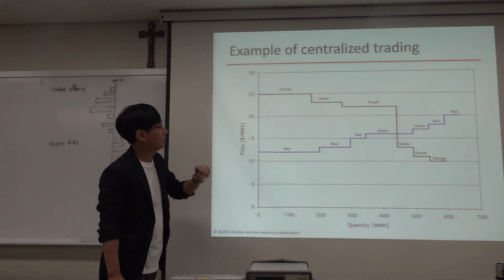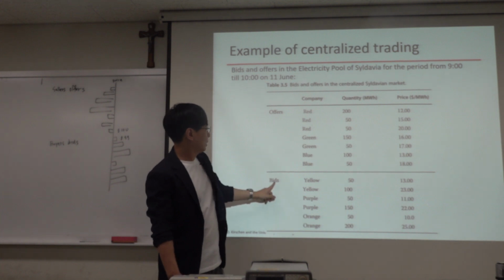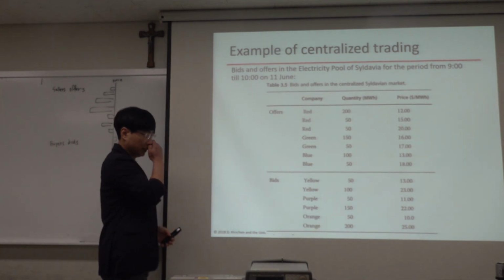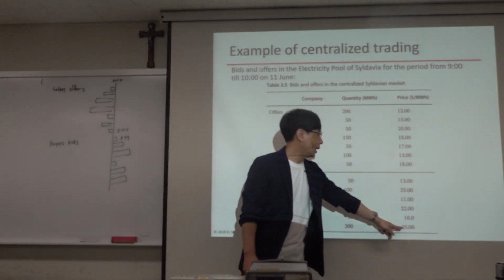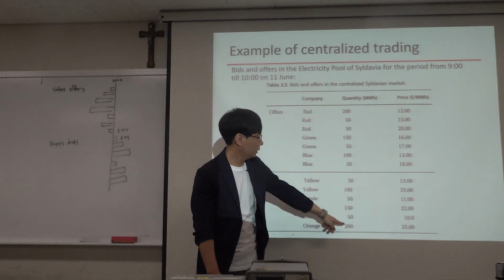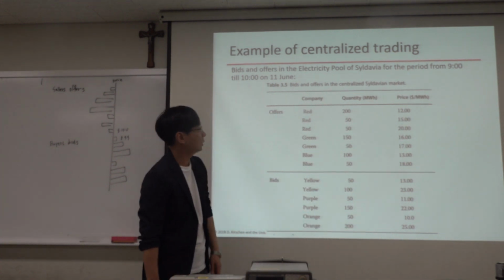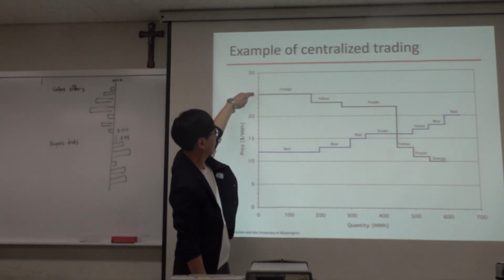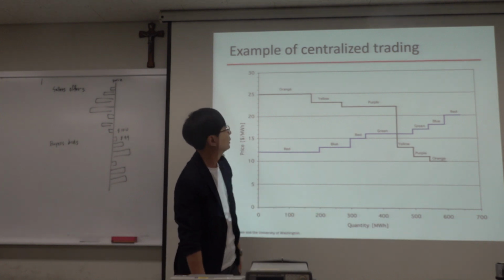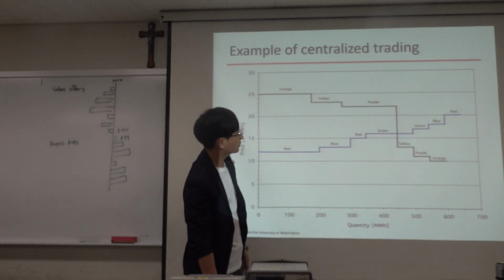And similarly, you can sort these bids from the highest price to the lowest price using this quantity. So this guy is very willing to buy 200 at that much. So $25 and 200 megawatts, orange, yellow, purple, and so on.